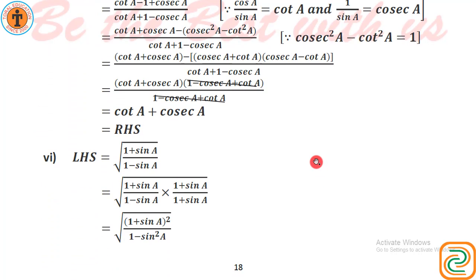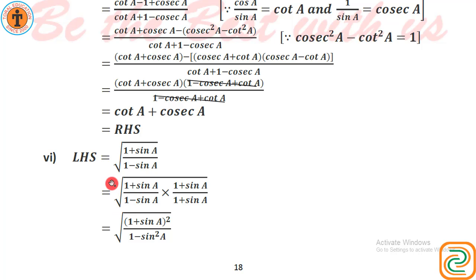Question number 6. Left hand side, root of (1 plus sin A) upon (1 minus sin A). We have to prove sec A plus tan A. Do you remember rationalizing the denominator? Yes, in 9th class we learnt.